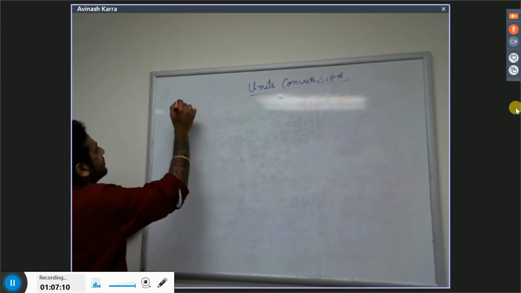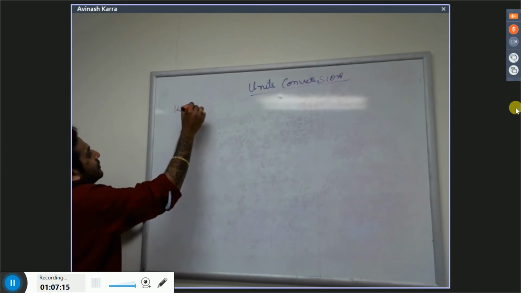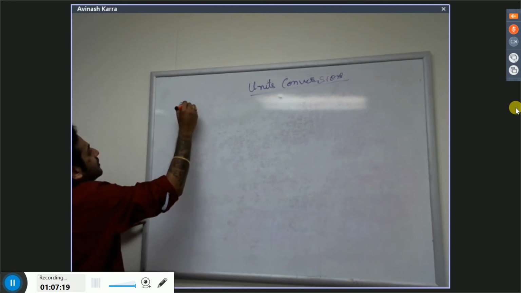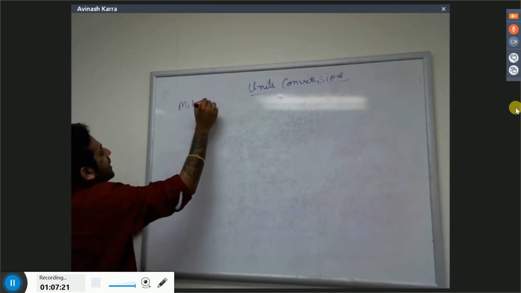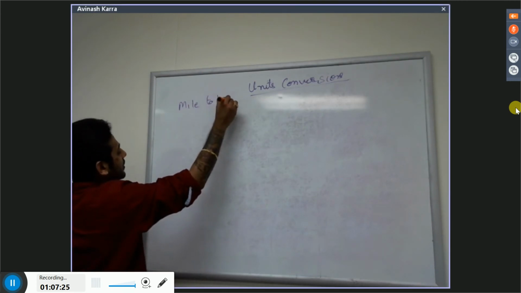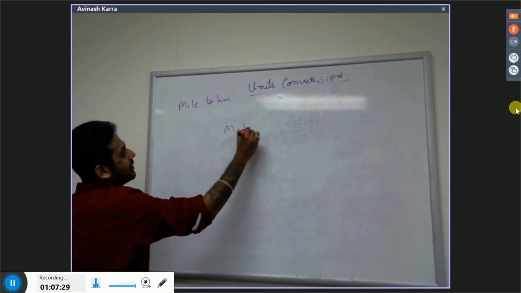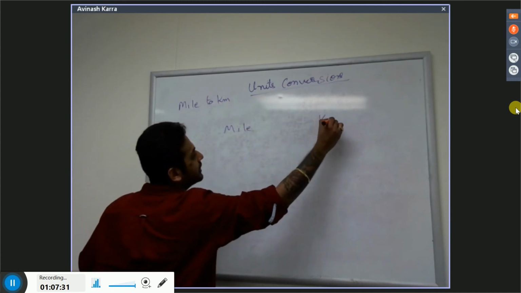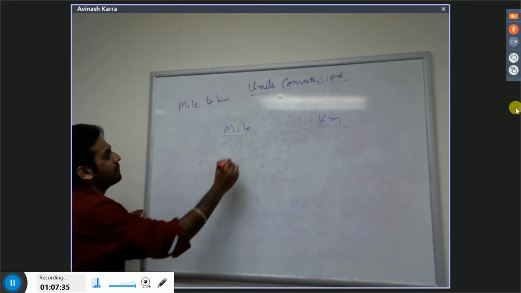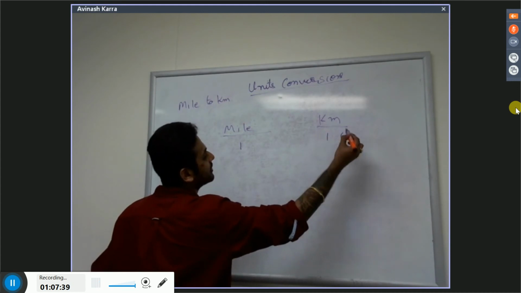For example, if you want to convert from kilometer to mile or mile to kilometer. For converting from mile to kilometer, what is the standard value? 1 mile is equal to 1.6 kilometers.